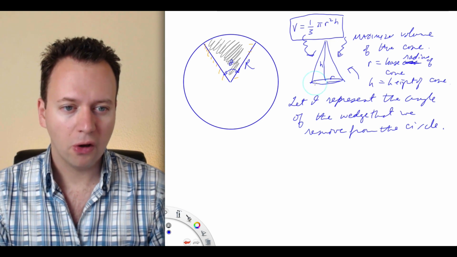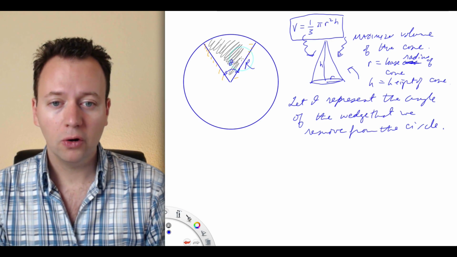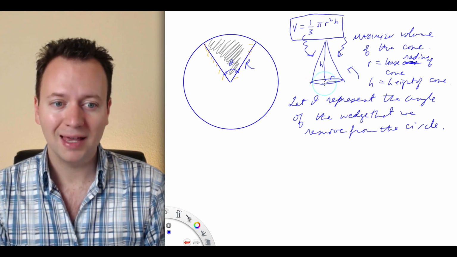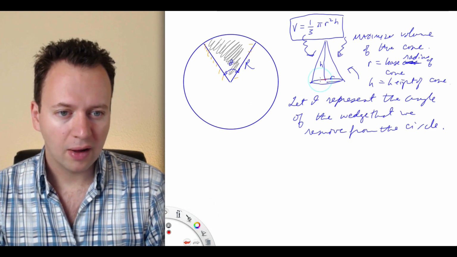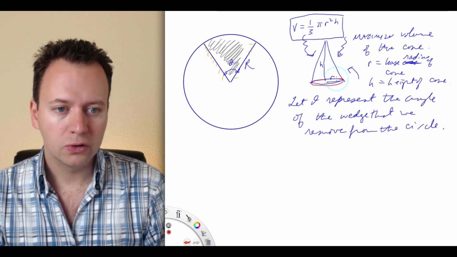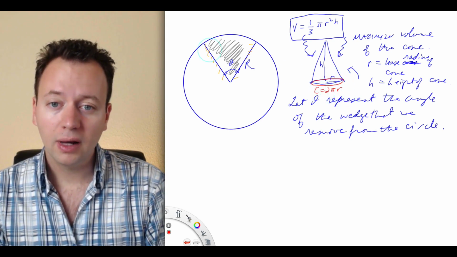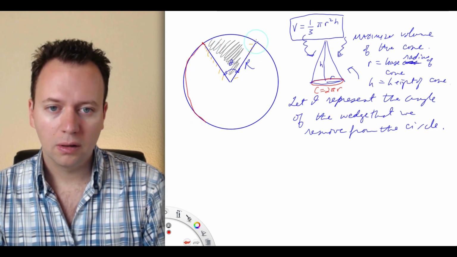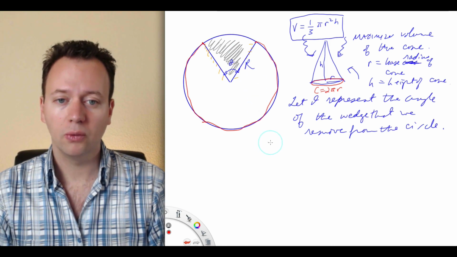Well, first of all, in my mind, I'm seeing a way that we can figure out lowercase r. So lowercase r is going to be related to the circumference of the base of the cone, right? If I travel around the base of this cone, the circumference is going to equal 2 pi little r. But that circumference is exactly equal to the arc length of the paper, minus the arc length of the wedge that I removed.